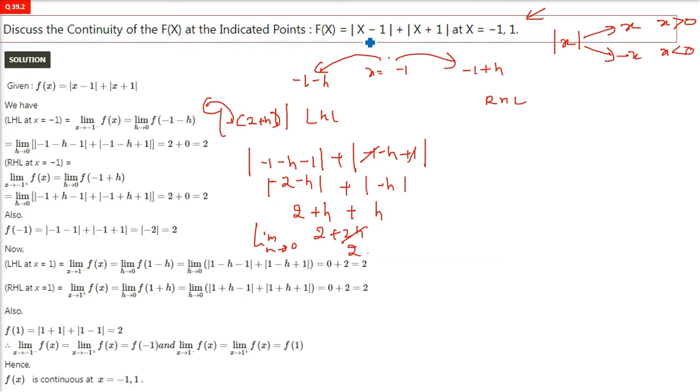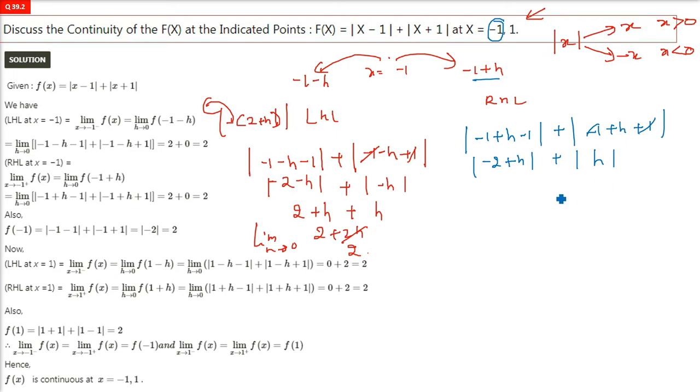Now coming to the right hand limit. Wherever x is there, we'll put -1 plus h. So -1 plus h in place of x, here also -1 plus h plus 1. Here we have -2 plus h plus 1, and the -1 and +1 you can cancel.